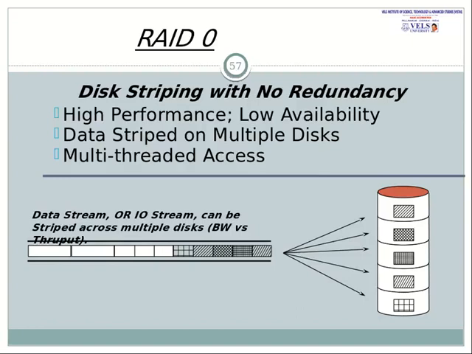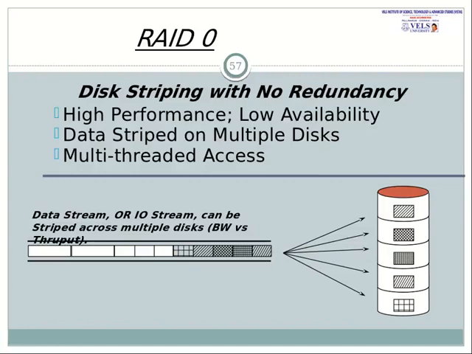In RAID level 0, data striping with no redundancy, so it is high performance and low availability. Data is striped across multiple disks, with multiple threaded access. For example, a data stream or IO stream can be striped across the multiple disks. So here 5 types of data patterns will be stored on different disks.